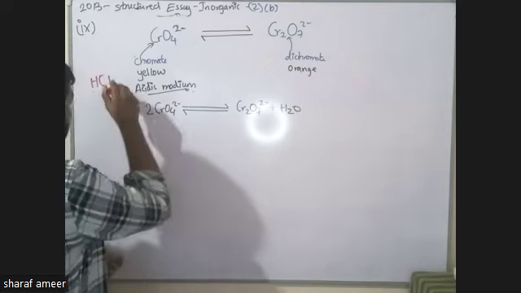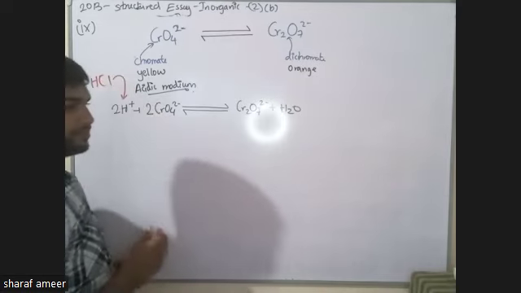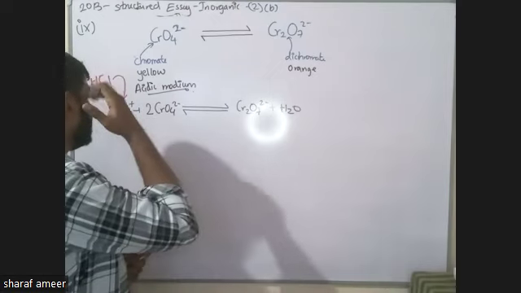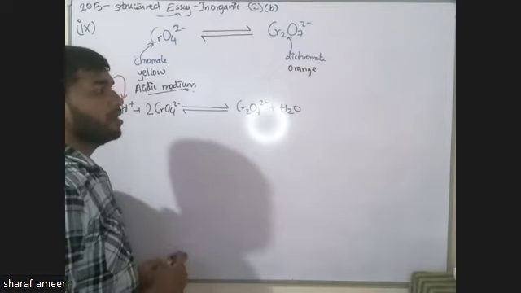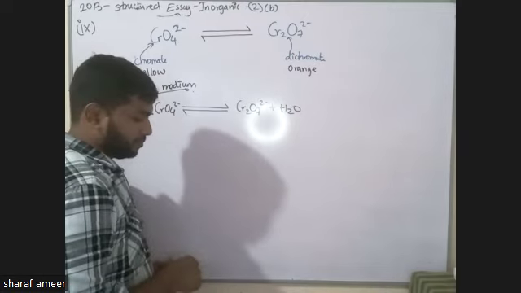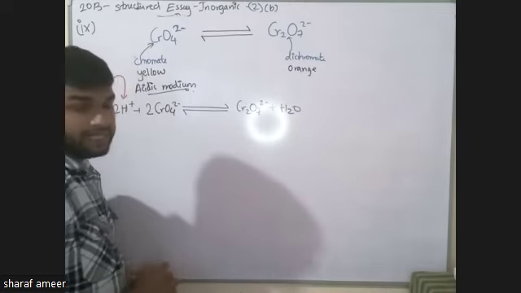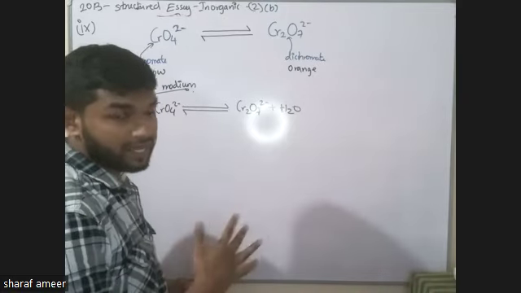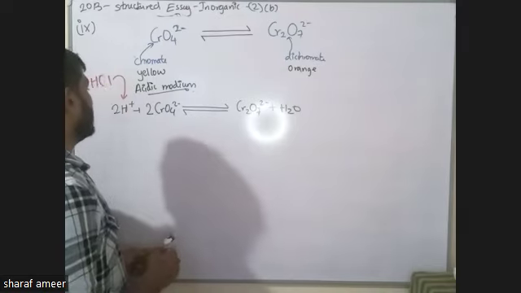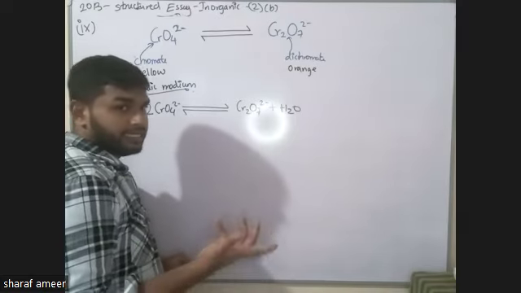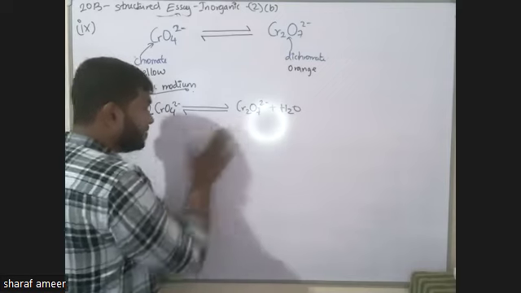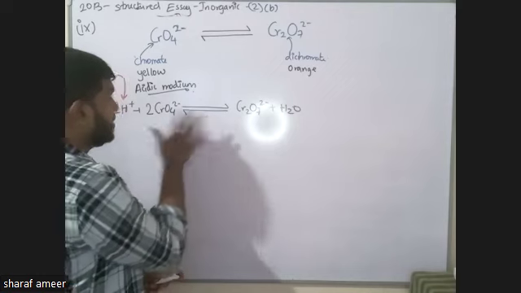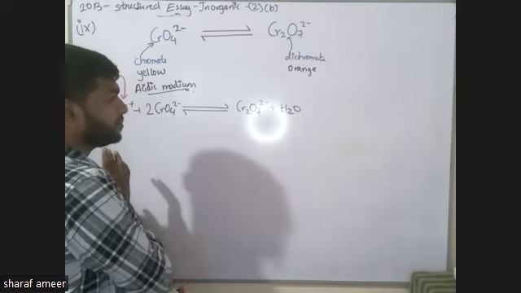Once I add HCl, there's a rule called Le Chatelier's principle, discovered by a French scientist called Le Chatelier. Since this is an equilibrium reaction, the system is not disturbed yet, so it is in equilibrium, right?